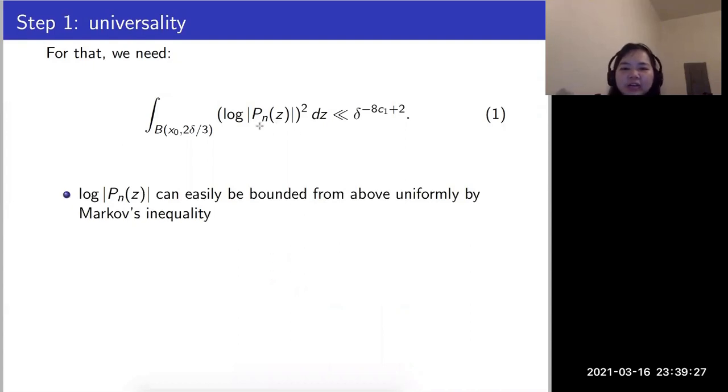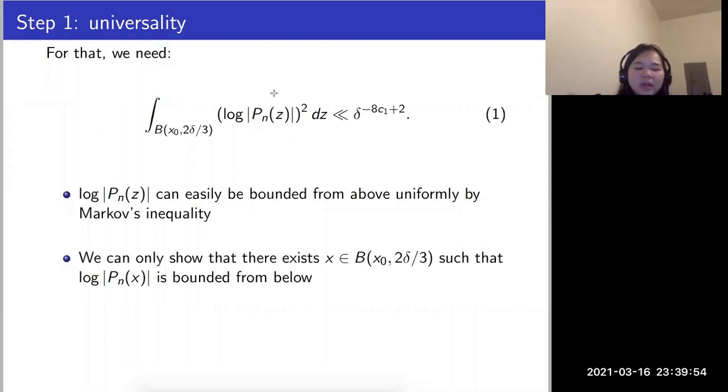Now, in order to show that something like this is bounded, the upper bound for this log is usually very easy. You just apply Markov's inequality. But the difficulty comes from showing that the log cannot be very negative, meaning that pn here cannot be very small in absolute value, cannot be very near 0. That is called anti-concentration.